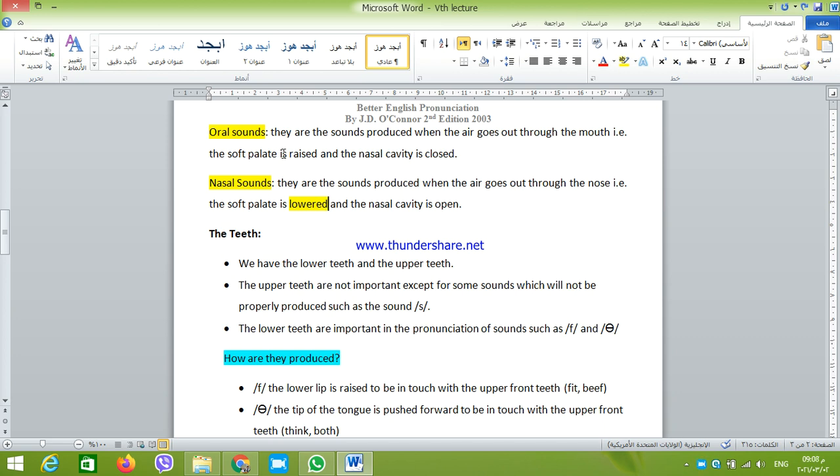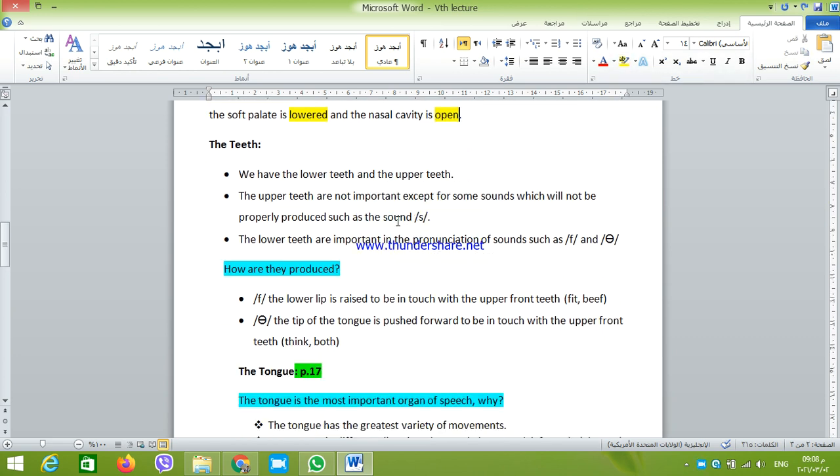So in oral sounds, the soft palate is raised, the nasal cavity is closed, and the air goes out through the oral cavity. In nasal sounds, we have another position for the soft palate, which is to be lowered. In this case, the nasal cavity is open, and the air goes out through the nose.